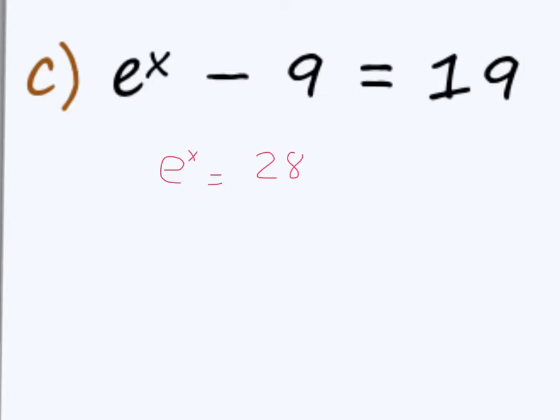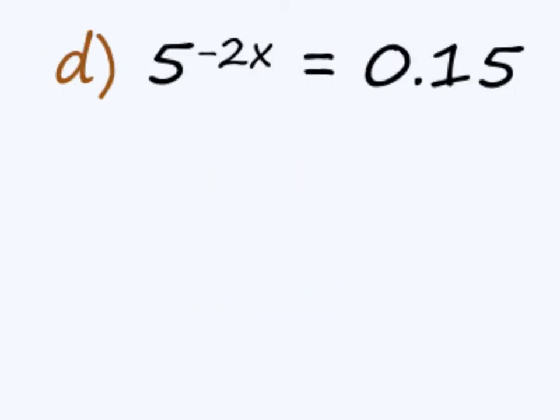Now I can take the natural log of both sides. These are inverses. x equals ln 28. Now I'm going to use my calculator to approximate it to 3 place values, and x is approximately 3.332.